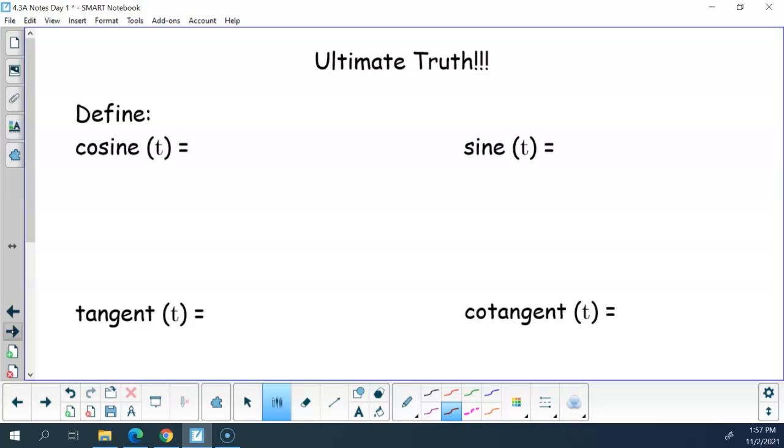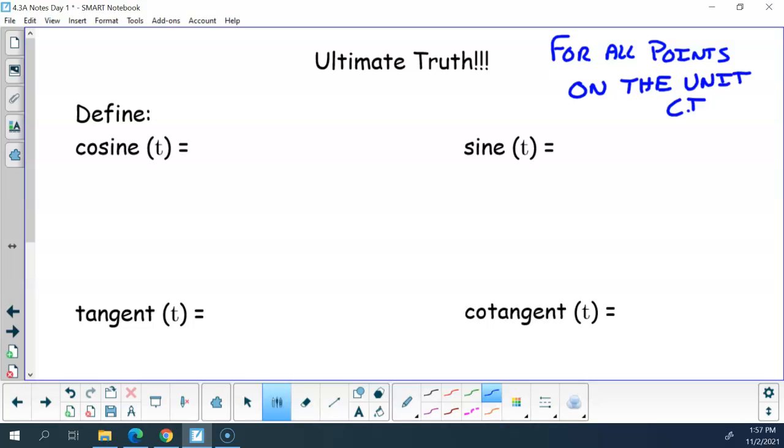So, if we're on the unit circle, the cosine of any angle, remember, trig functions have their inputs as angles.